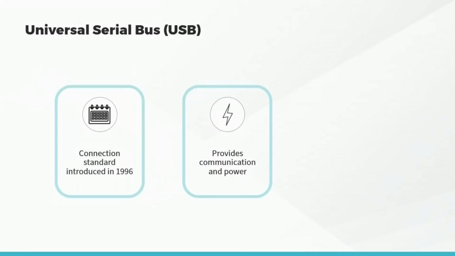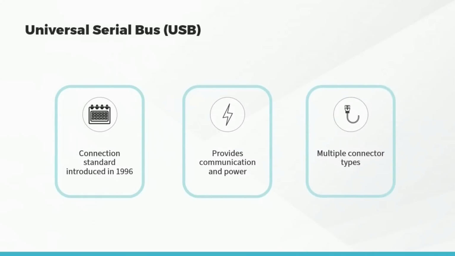Now, there are several different types of physical connectors that will also vary depending on the type and, in many cases, the size of the device itself. But USB defines the standards of how data and power can be transferred, not the connector types. While that is still fairly standardized, in many cases it's determined by the manufacturers.